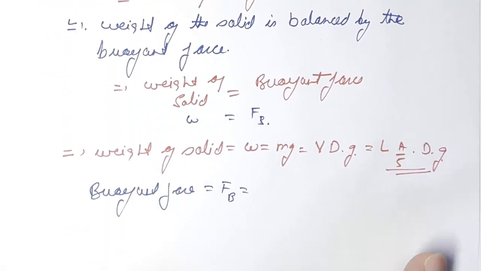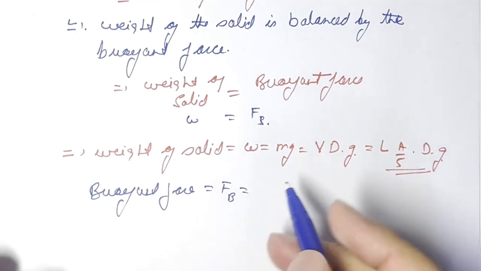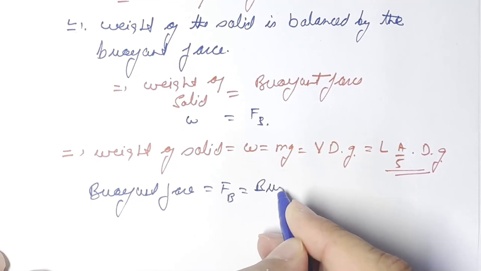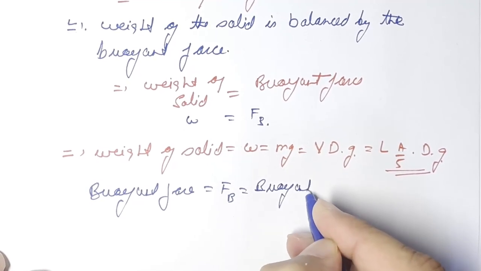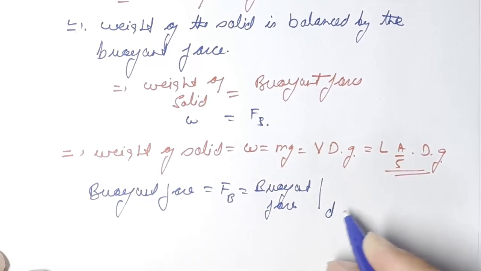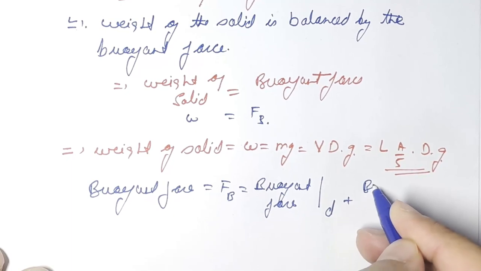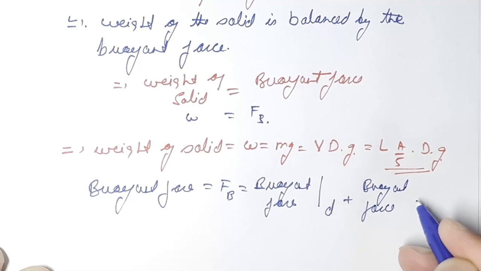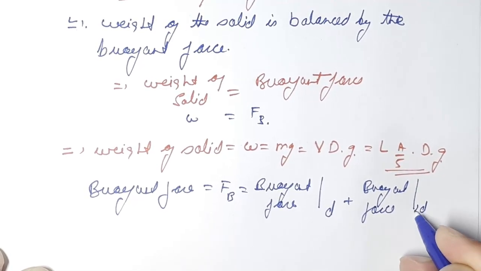So we can say buoyant force FB will be equal to buoyant force because of density D plus buoyant force because of density 2D.